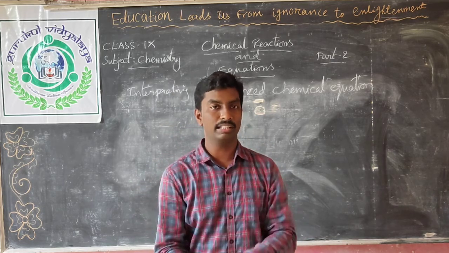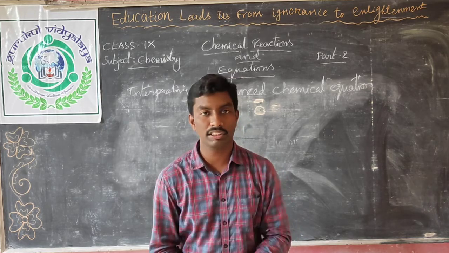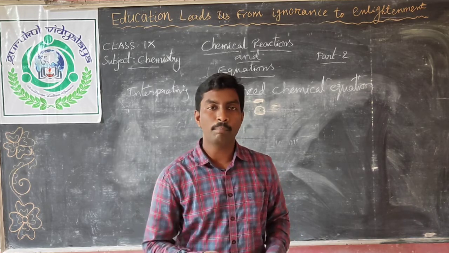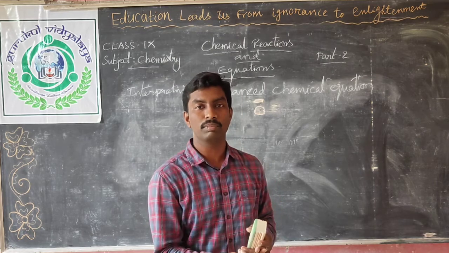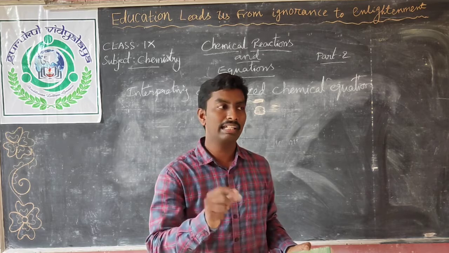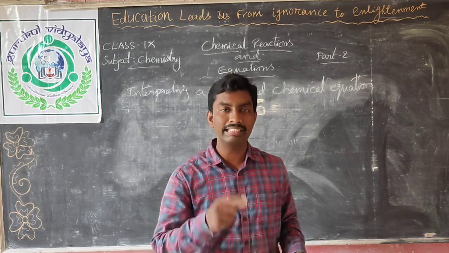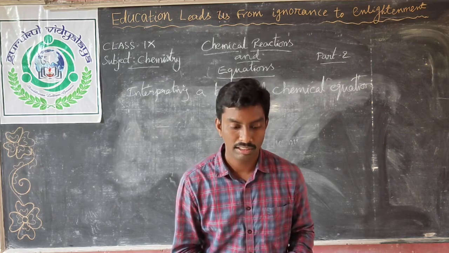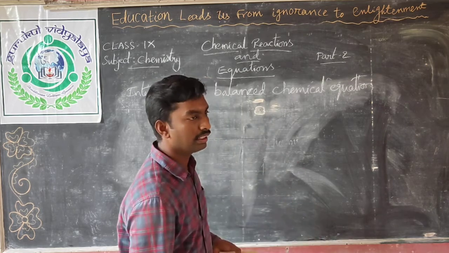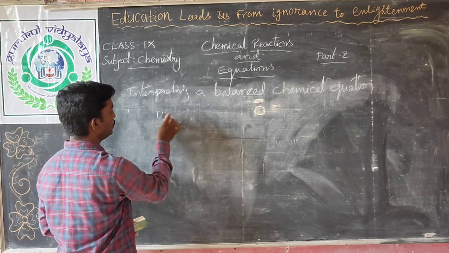It gives such information, and at the same time, according to the law of conservation of mass, the mass of each atom on the reactant side will be equal to the mass of each atom on the product side. By that we know it is a balanced chemical equation. This mass can be expressed in the form of u.